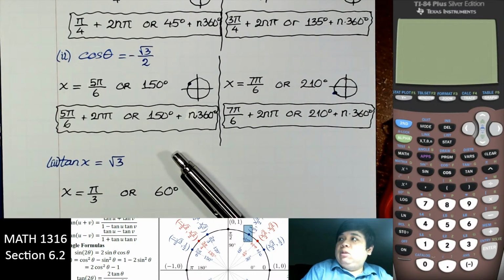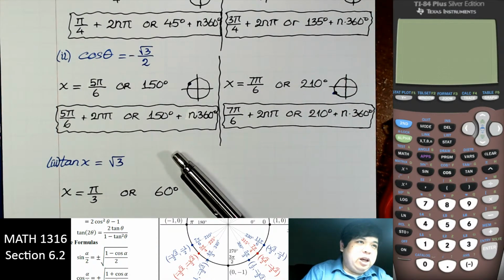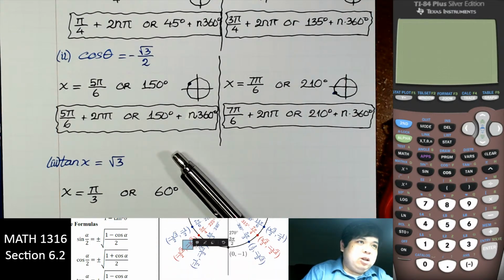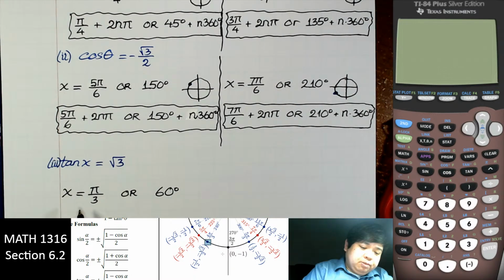Now if we go across from the origin, we go to another point here. I'm talking about this point here. If we take y divided by x, negative square root of 3 over 2 divided by negative 1/2 is also square root of 3.